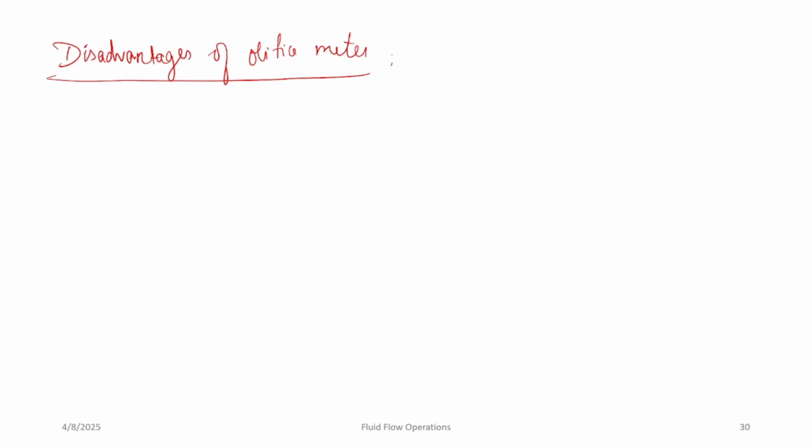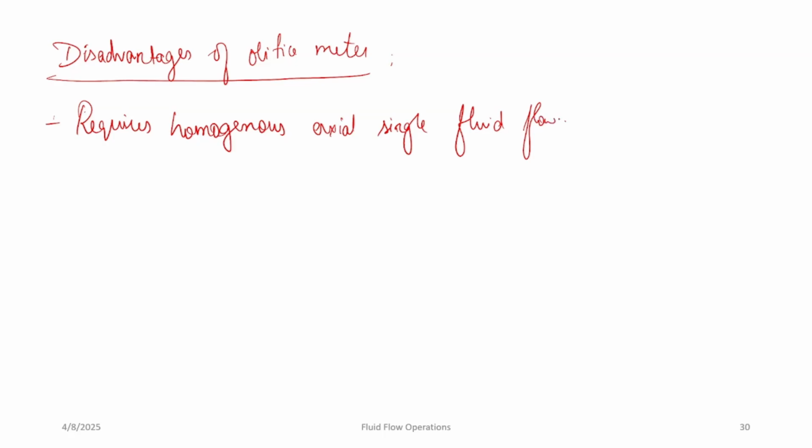Okay. So what are the disadvantages of orifice meter? It requires homogeneous axial single fluid flow. Okay, and their accuracy is affected by density, pressure, and viscosity.